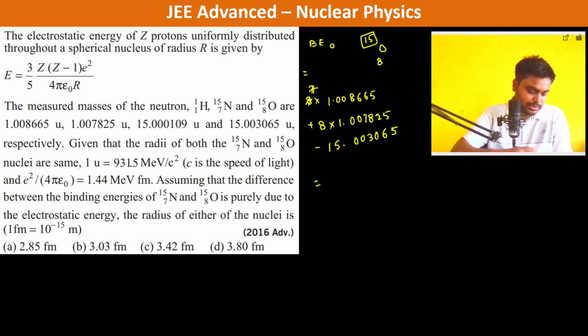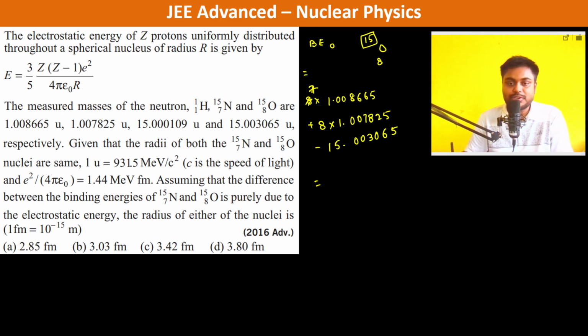So this is going to be 7 into 1.008665 plus 8 into 1.007825 minus 15.003065.